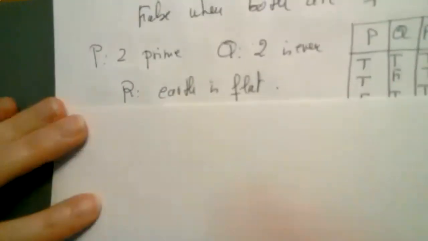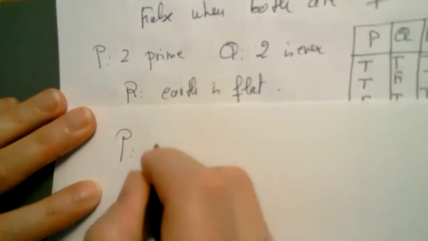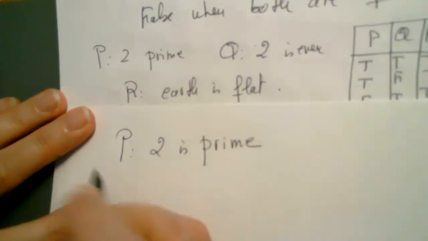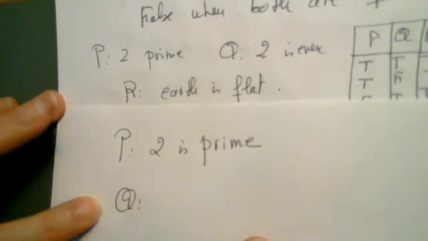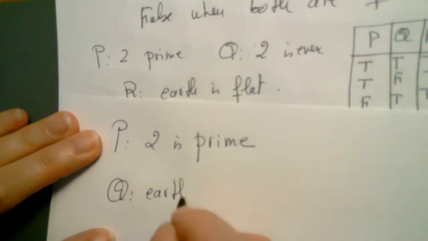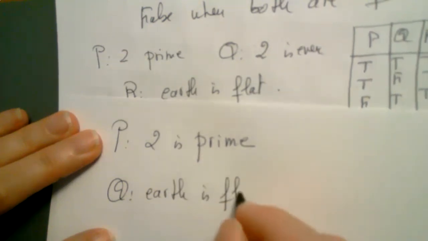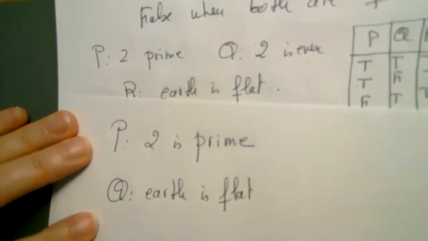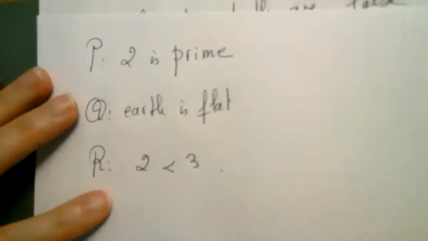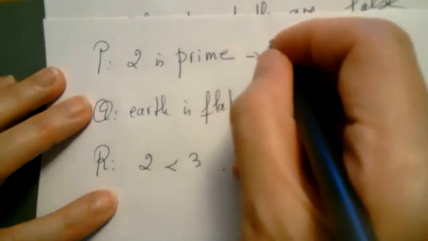Okay. So let me go back to my same problem. Suppose my P is 2 is prime. And Q, let us say, the Earth is flat. And R is 2 strictly less than 3. Okay. So first, what is not P?